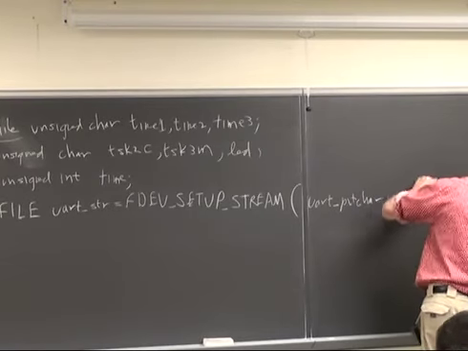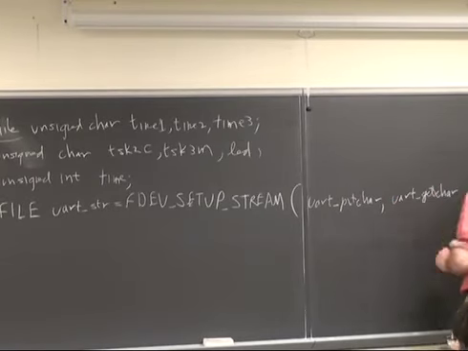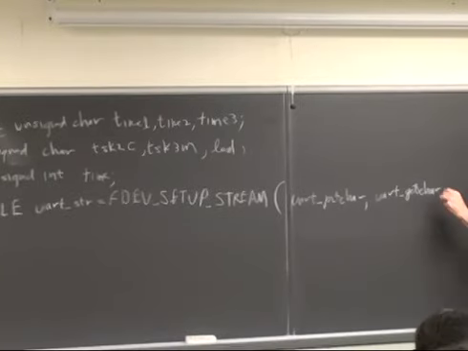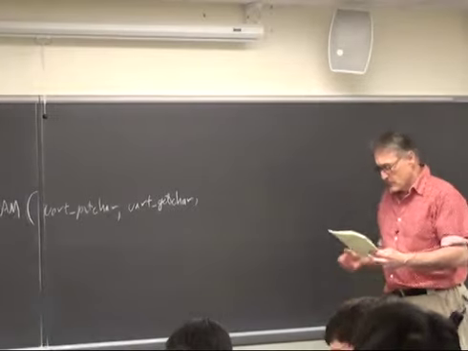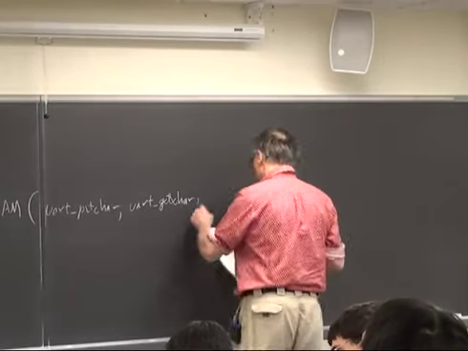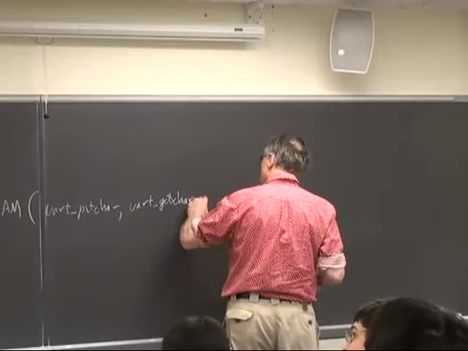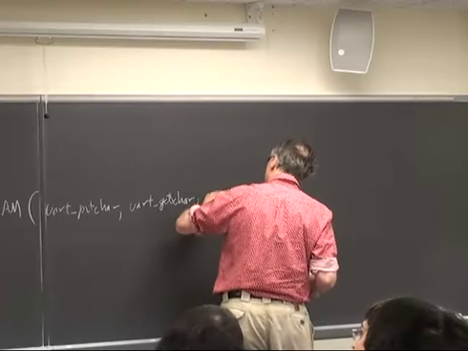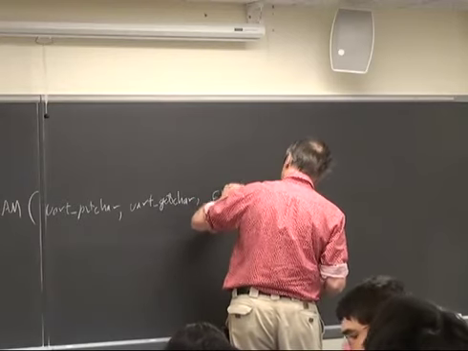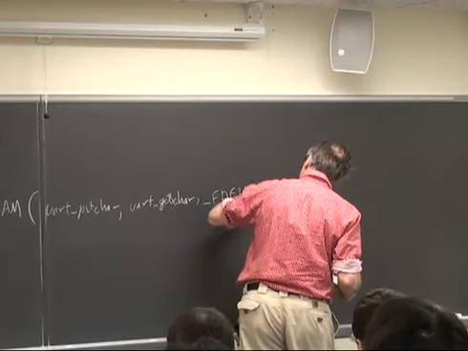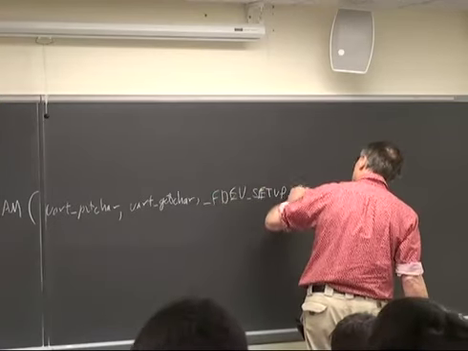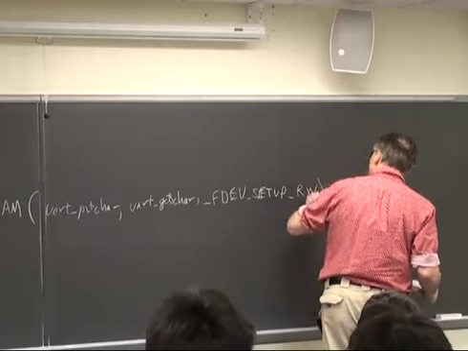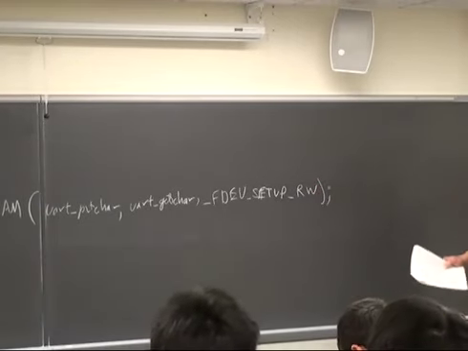uart_getchar, which tells it how to receive a character from the USART, and then some flag. Well, it's not obscure. _FDEV_SETUP_RW, that's for compatibility with something. I have no idea what.